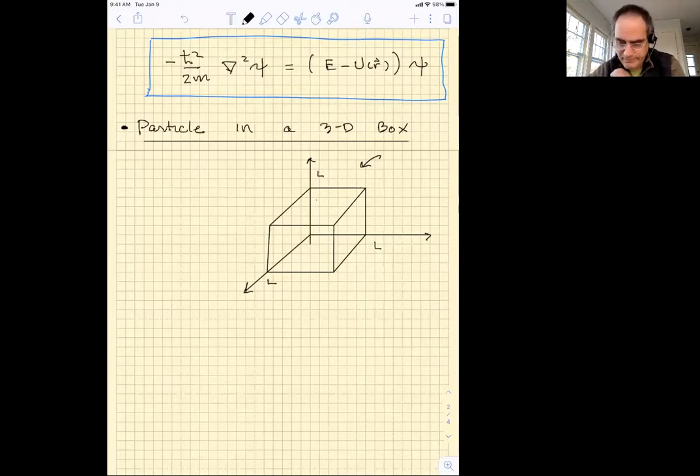And the particle is free when it's inside the box, and it's confined strictly to the box.